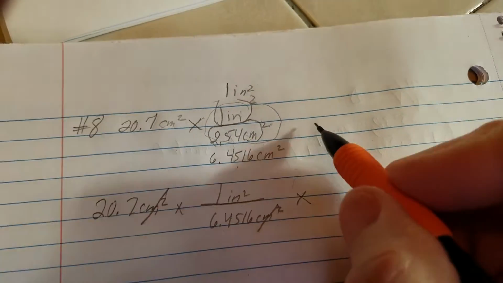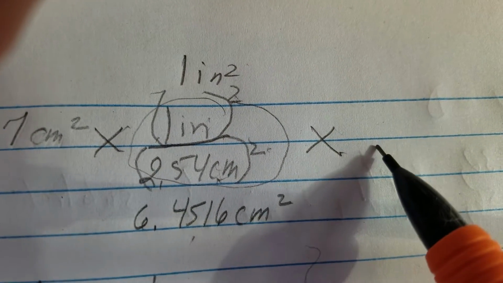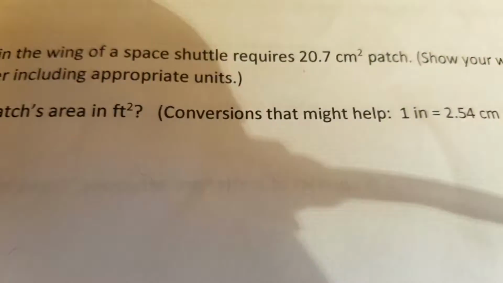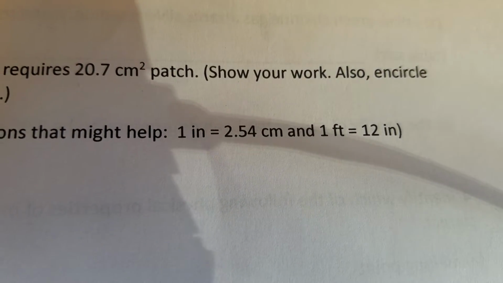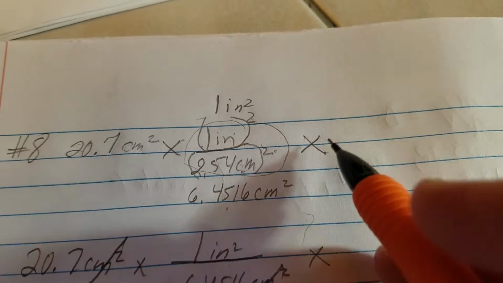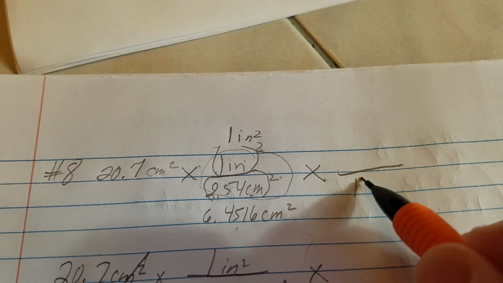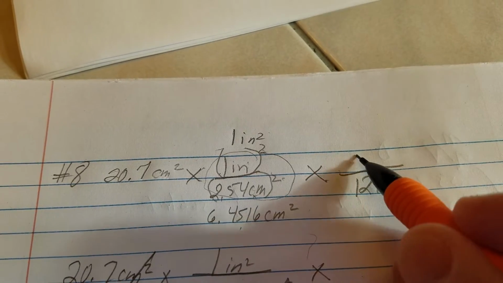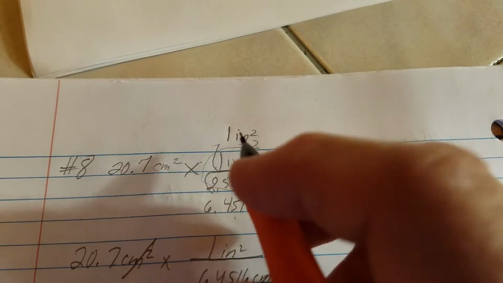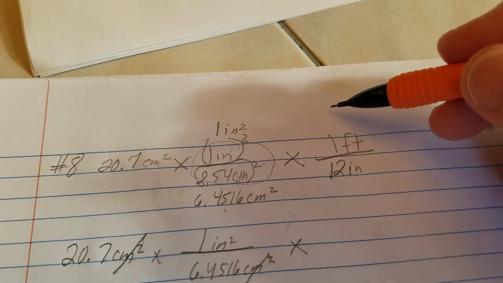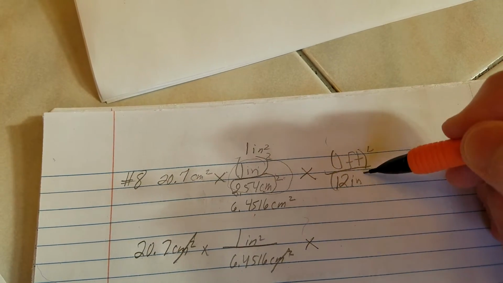So then the next thing I'm going to do, and I'll go ahead and do it up here first, I've got in my conversion factors, 1 foot is equal to 12 inches. So I'm going to come back over here. I'm going to put my inch on the bottom, so it'll be 12 inches to the 1 foot. Again, they have to be squared, so I'm going to take each of these and square them.